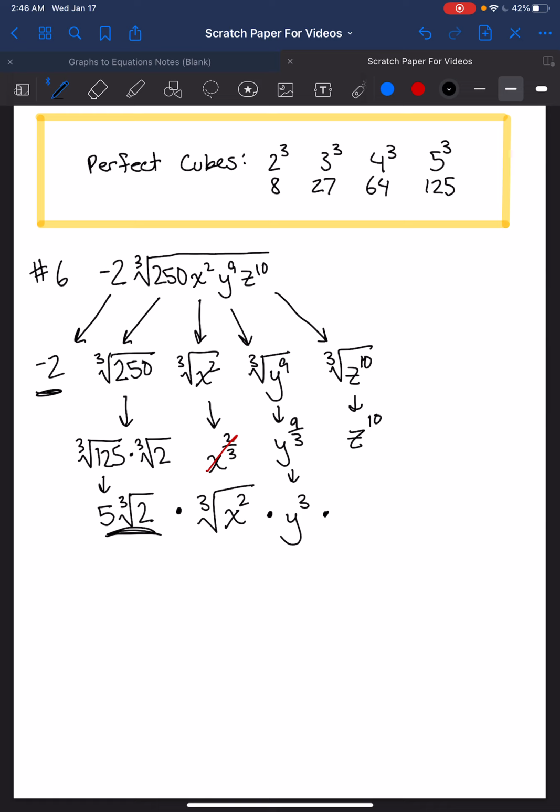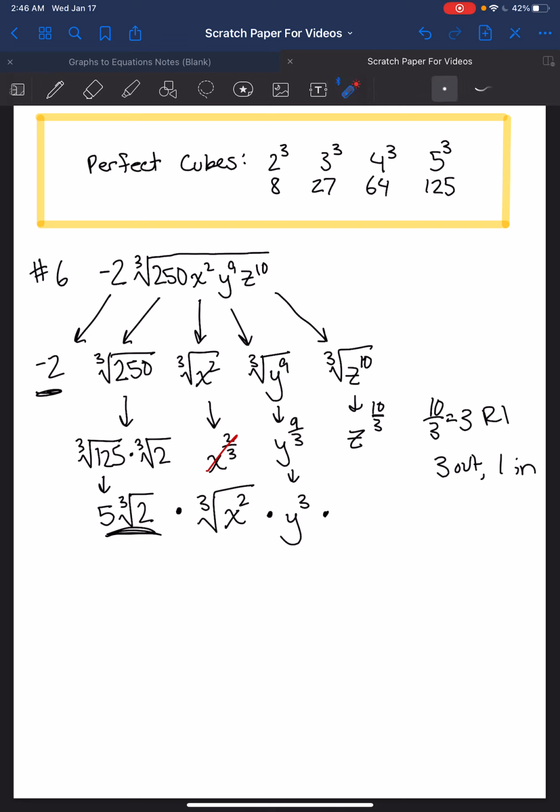Z to the 10/3. In over out. Let's break down 10/3. 3 goes into 10 3 times. 3 times 3 is 9. So 3 times 9 is 1 away from 10. So that's remainder 1. So this means 3 out, 1 in.